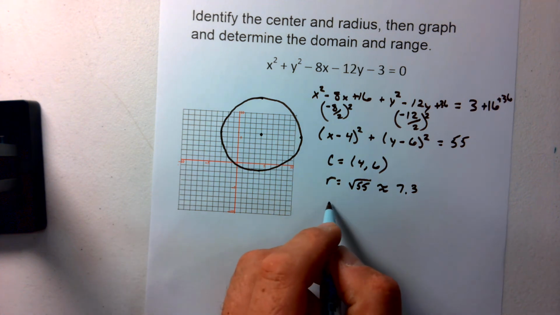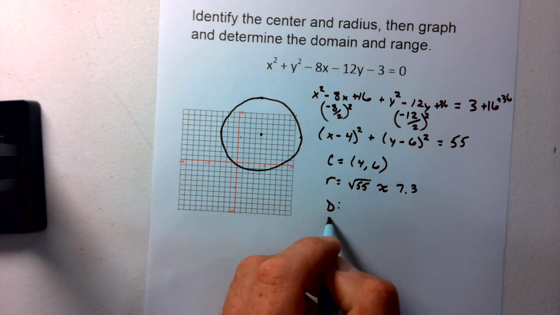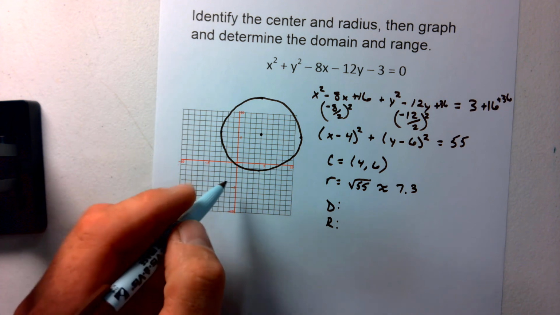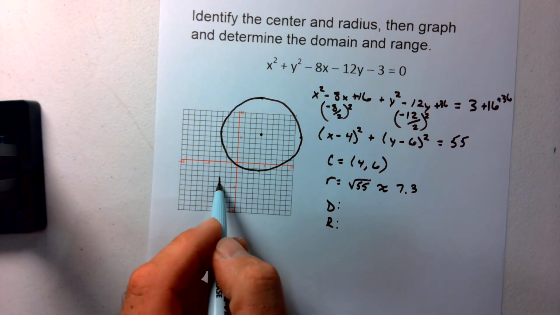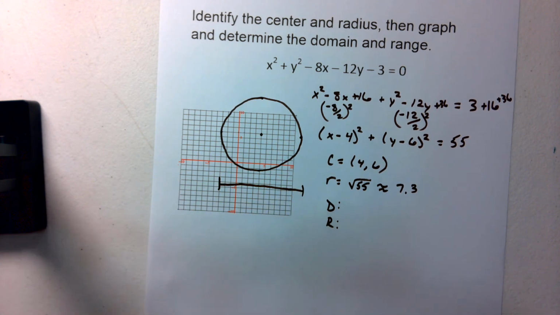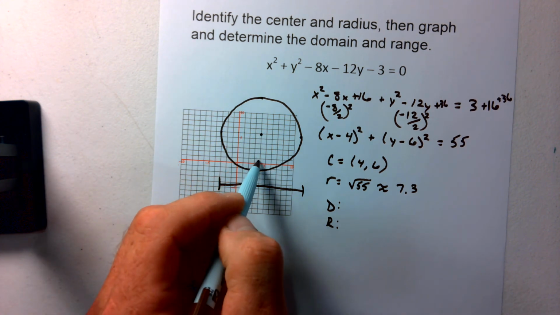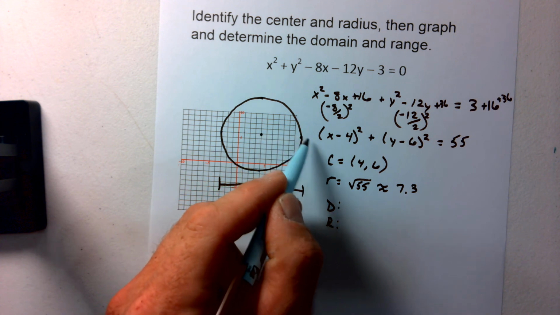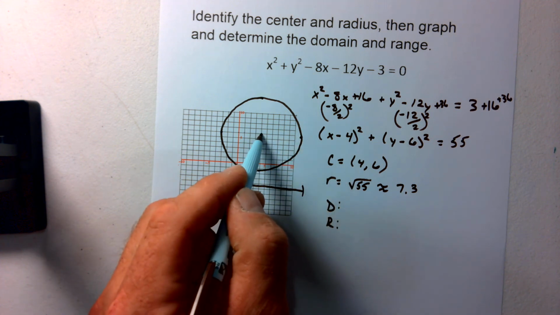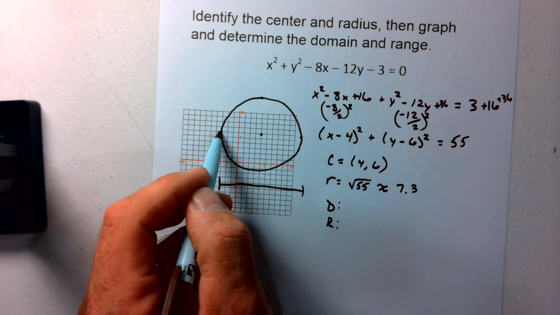So how do we find that domain, and how do we find the range? Remember, our domain is our x values, so we're coming from this point all the way out to this point. So what is actually happening? We're taking this x value, which was 4, and we're adding the square root of 55 to it and subtracting the square root of 55 from it.